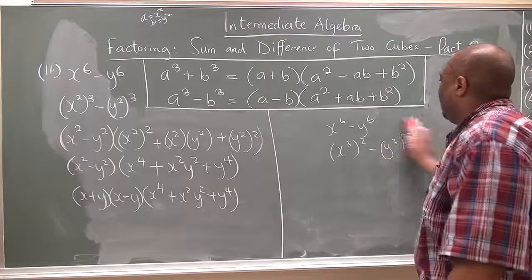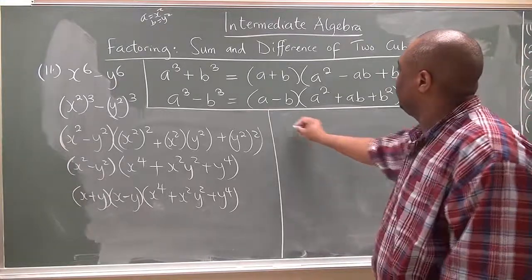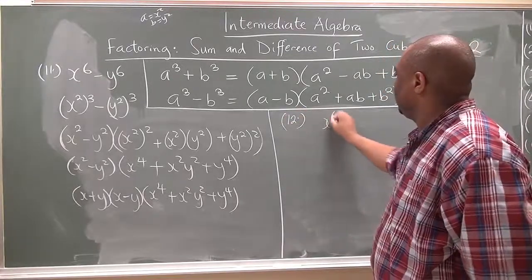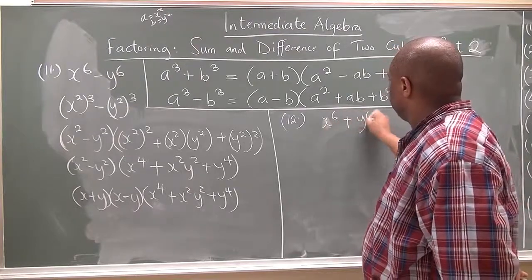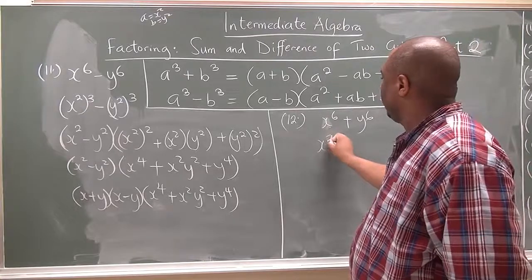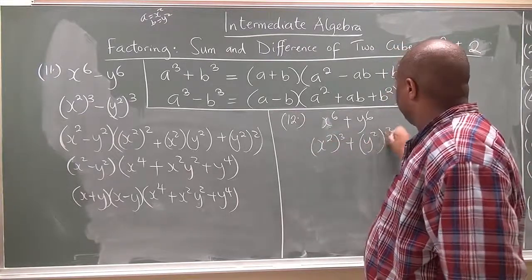Number 12 says x^6 plus y^6. We still do it that way: x squared cubed plus y squared cubed.